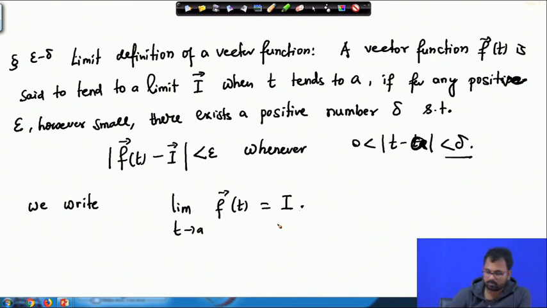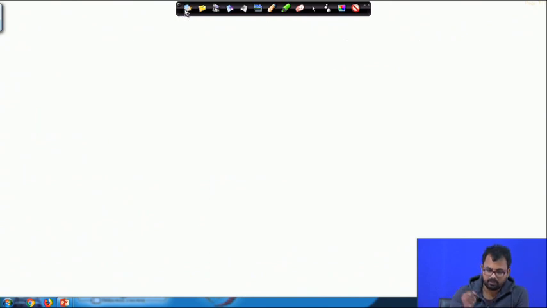Similarly, like limit of scalar functions, we had several properties. In case of limit of vector functions, we will also have several properties. So, I can just summarize them in a small theorem.